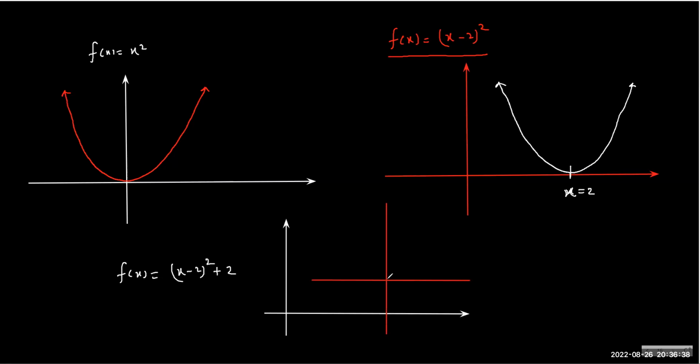So the vertex will shift by 2 units and will also lift by 2 units. So the new graph will be something like this. And nothing happens to the shape. Shape remains the same.